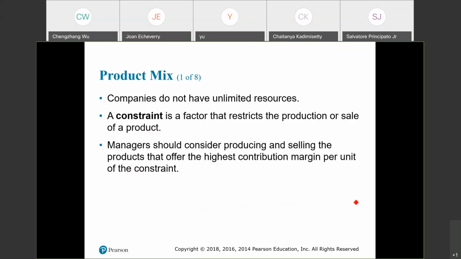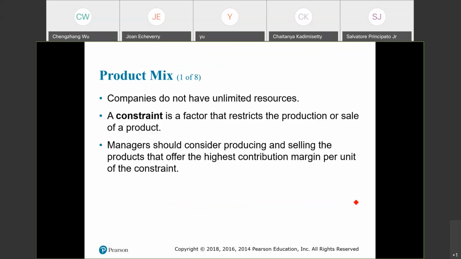Okay, product mix. Companies do not have unlimited resources. They have constraints that restrict the production or sales of products, and these vary from company to company.